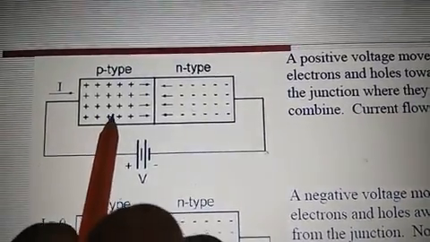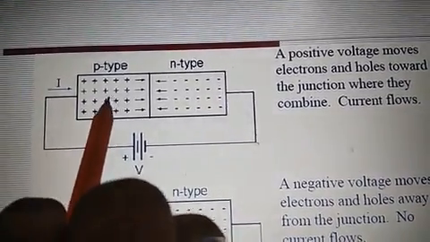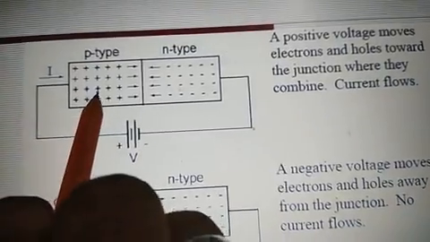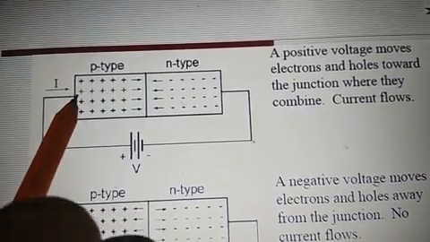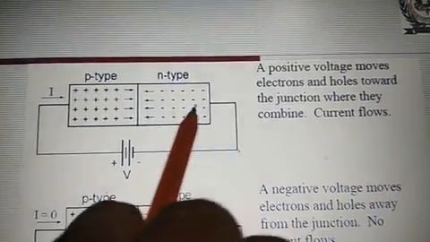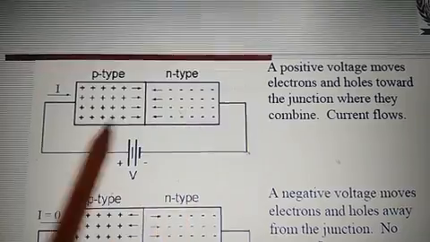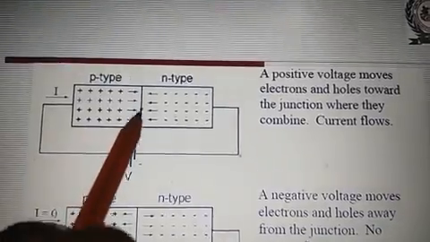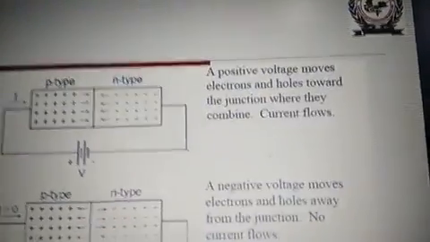The majority charge carrier holes on the P side will move towards the N side, because the positive of the battery and the positive holes will repel. And the negative of the battery will force the electrons in N type towards the P side. So the depletion width will be reduced.